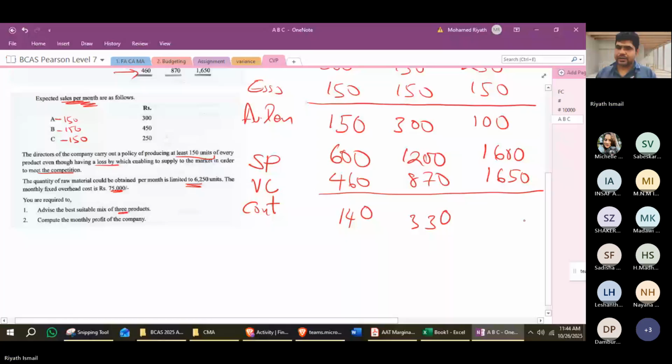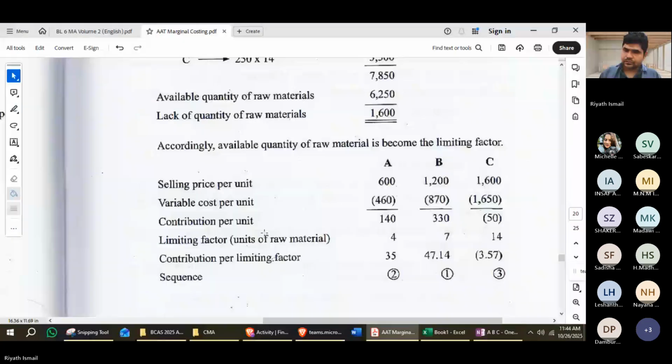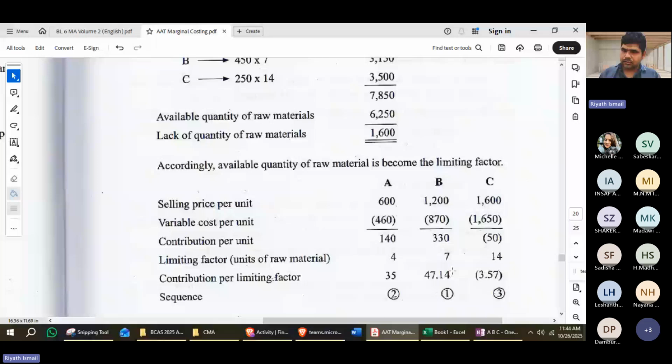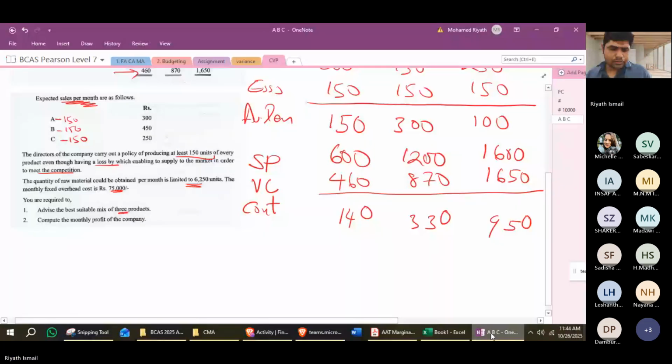Is it right? I think it's a loss now. Sorry, it's a loss. The selling price 1600 and variable cost 1650, so a loss of 50.